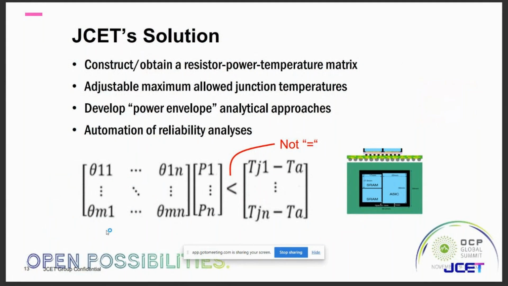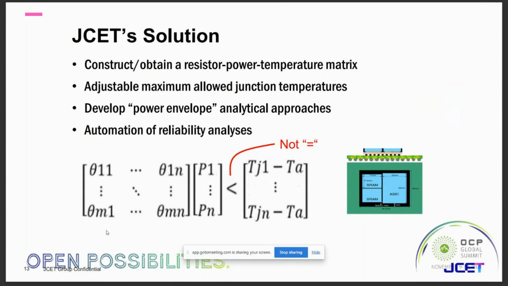Our solution is that we decided to construct a thermal resistor power temperature matrix. Today I'm not going to share how we construct that, but basically you can consider that we do a series of simulations. Let me give you one example.